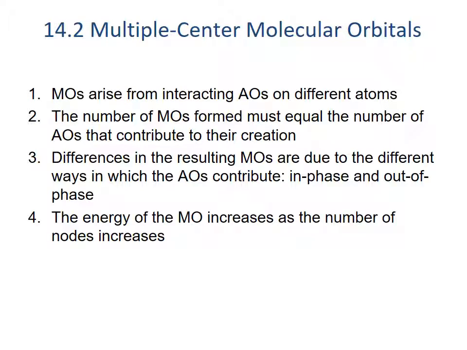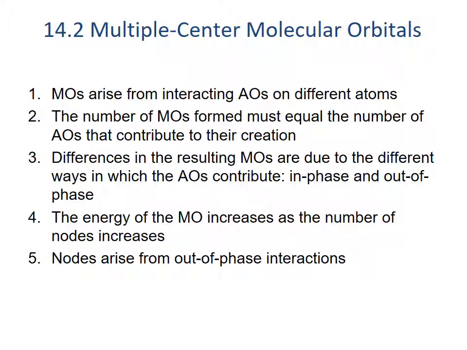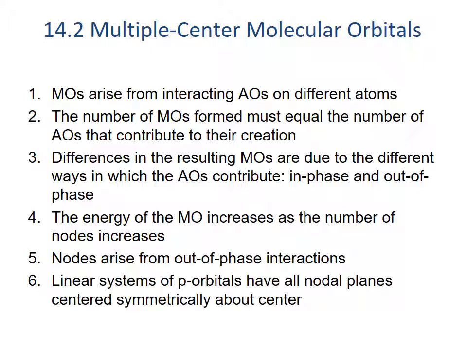The more nodes they have, the higher the energy will be, and the more out-of-phase interactions, the more nodes. And finally, linear systems will have all of their nodes symmetrical. This is a lot, but it will make more sense when we talk about a specific molecule.